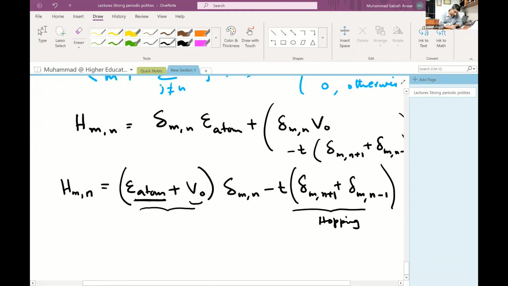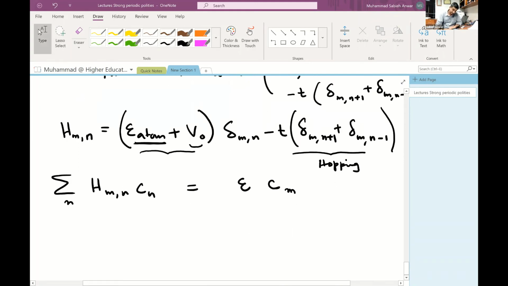Now if I were to look at the Schrodinger equation, which is summing this over all Cn's, giving rise to epsilon Cm, I would have the following. Now what I need to do is solve this.